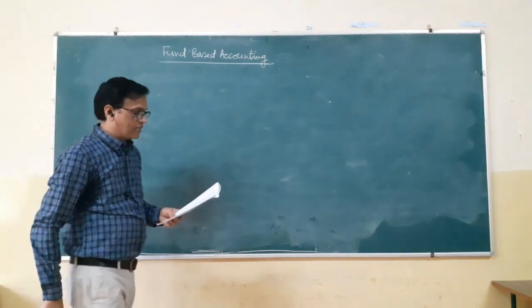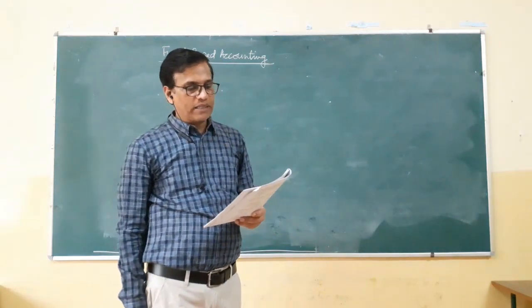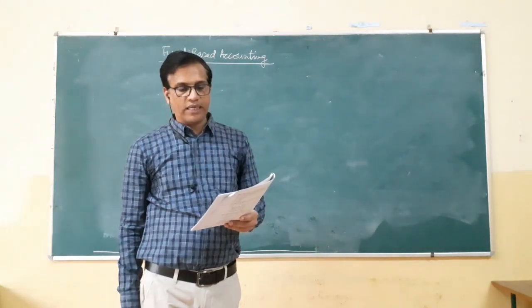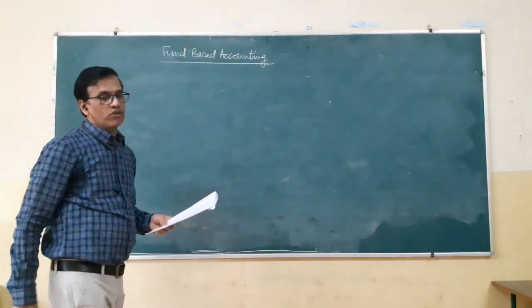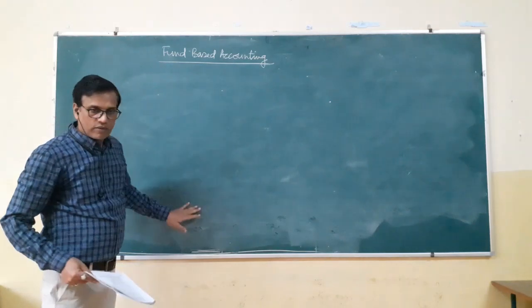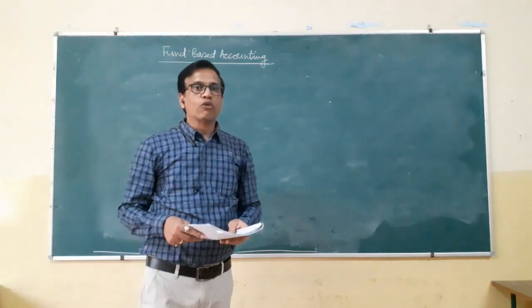So the question says, how will the following information of this sports club be presented in the income and expenditure account for the year ended 31st March 2019 and its balance sheet as on that date? So I just told you about how to calculate the amount. Now I am telling you how to present it.